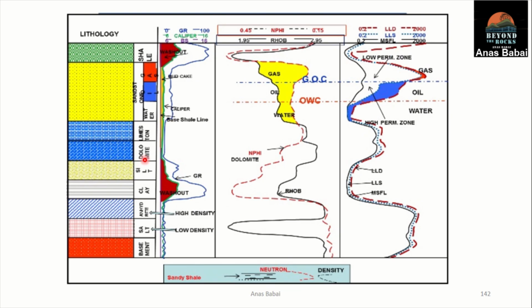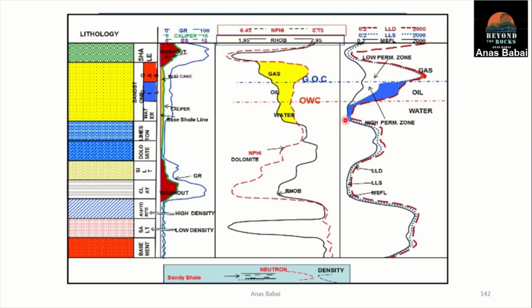So this is how we can use our knowledge about the response of resistivity tools to guide us in order to interpret the different types of formation fluid that we have in the borehole.